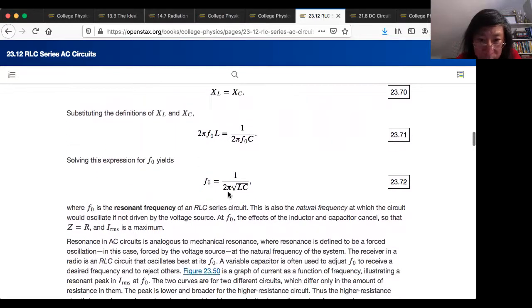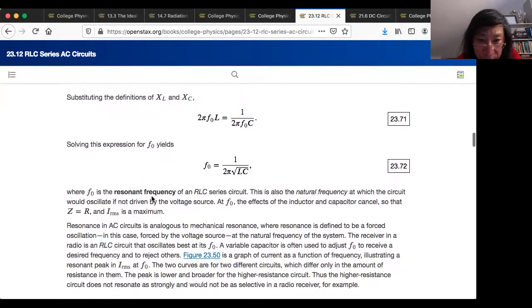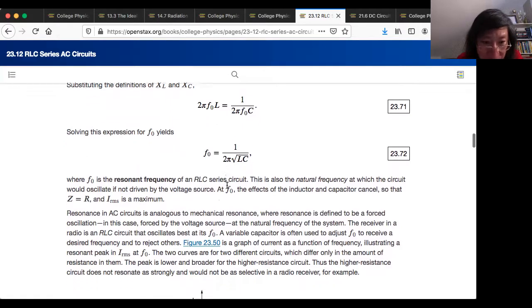This 1 over 2 pi square root of LC is a resonance frequency, which means there's a natural frequency at which the circuit would oscillate if you don't have a voltage source. So let's say the voltage source is driving something. Fine. But if you don't have the voltage source, the circuit would oscillate at this frequency anyway. Isn't that funny? It's a kind of strange thing.